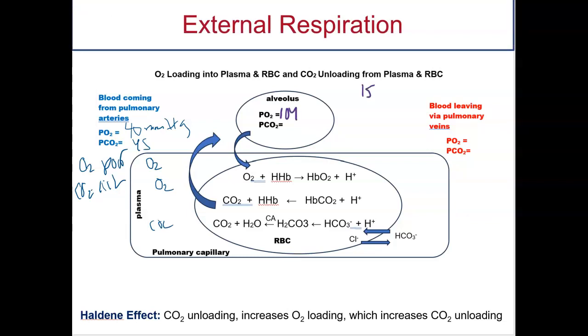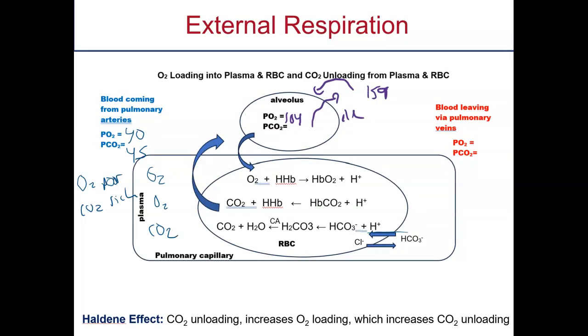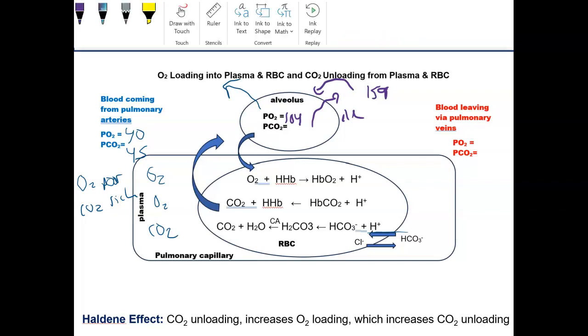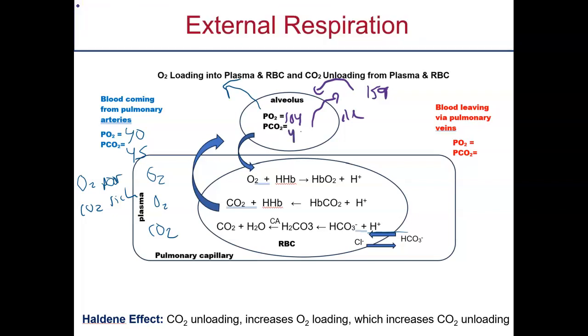Now it was 159, but as it goes all the way down through the conducting zone, down to the respiratory zone, the O2 mixes with air and a little bit of water vapor, so it's 104 when it hits the lungs. The CO2 is always leaving. The CO2 in our air in our alveoli will always be lower because remember, we are always exhaling CO2 out, and it will be lower at 40.